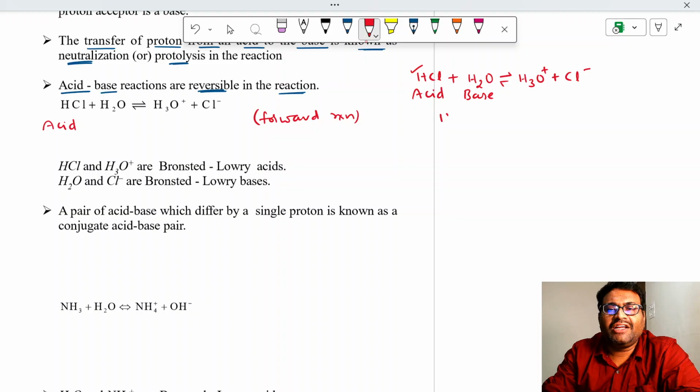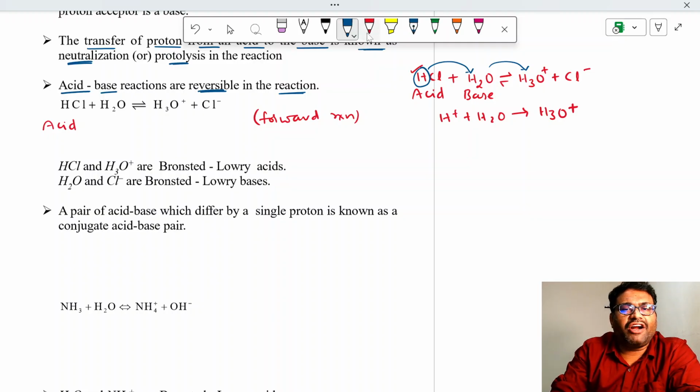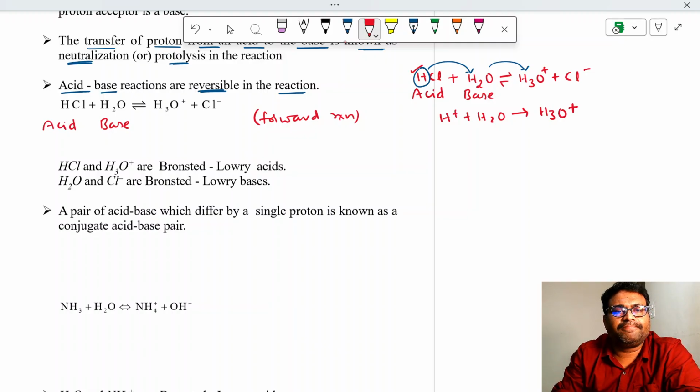We know that H plus plus H2O gives H3O plus. That is what has happened. This H plus is taken by H2O and converted into H3O plus. Understood? So H2O accepted a proton from HCl, so it is called a base in the forward direction.